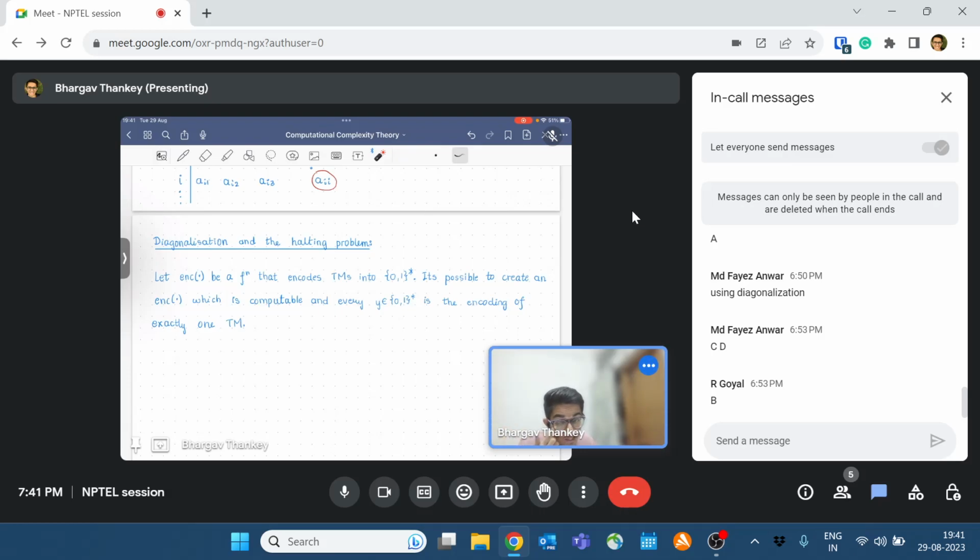We need to argue that every y in {0, 1}* is the encoding of exactly 1 TM. It's clear that if we do it the way I've just said, every y in {0, 1}* is the encoding of at most 1 TM, right? Now we want to convert that at most to exactly, and the way to do it is the following.